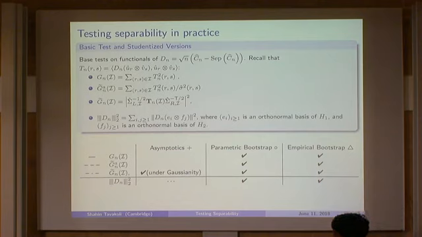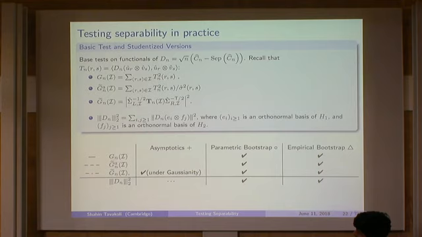For this test I know its asymptotic distribution, it's chi-squared. To approximate the distribution of these tests, I can use either a parametric bootstrap if I assume the distribution of the data generating process, or an empirical bootstrap if I don't know the distribution of the data.